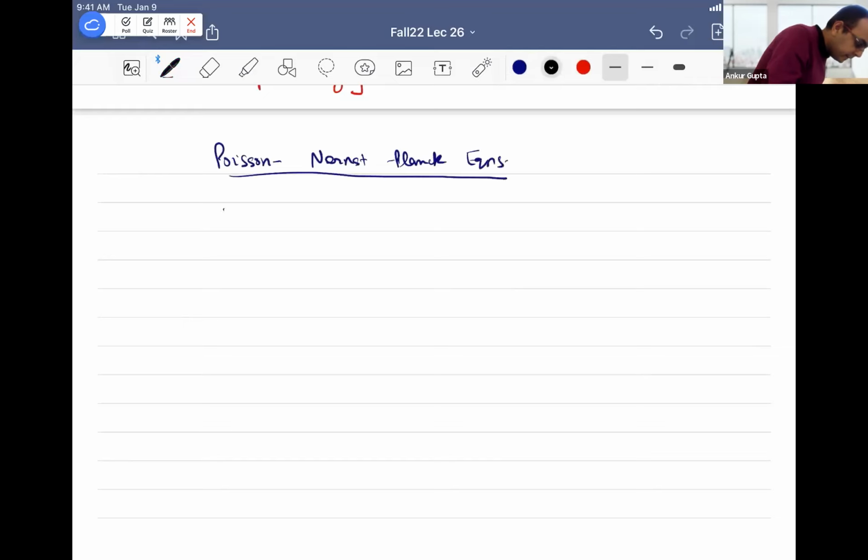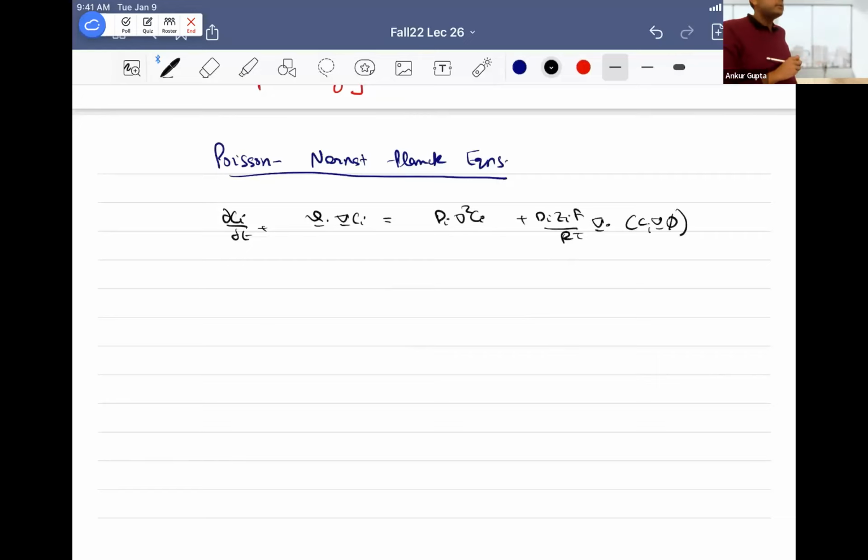And what you get is del Ci by del t plus v dot del Ci is equal to Di del square Ci plus Di Ci Zi F by RT, grad phi. So this is the new part.